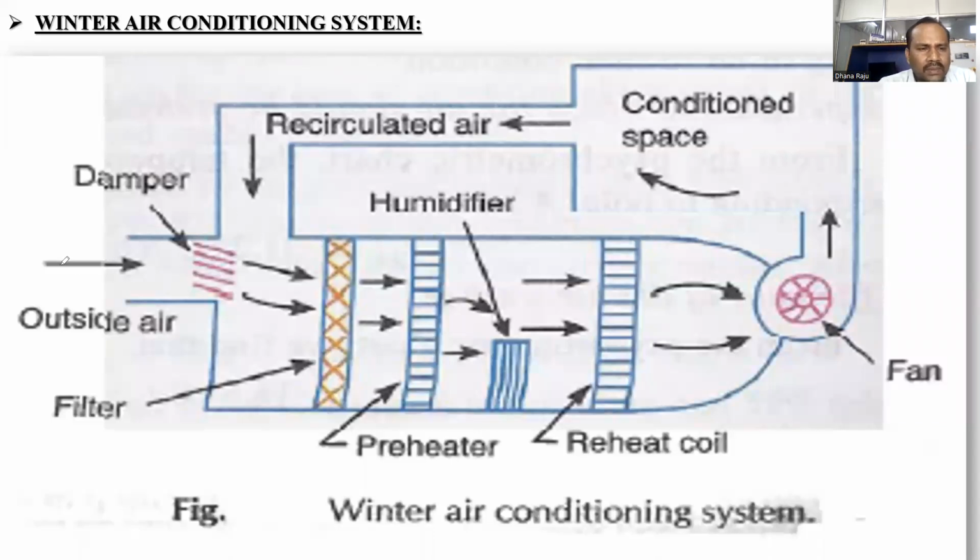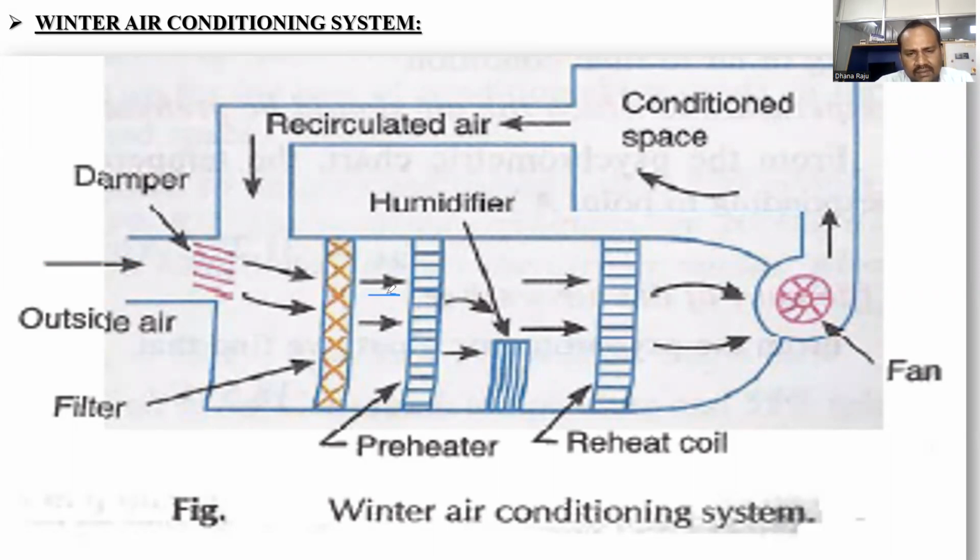So coming to the working, outside air is entering through this passage through the damper. I already explained the function of the damper. The damper is a device used to remove the dust, dirt, and soot particles so that clean air passes to the filter. The function of the filter is to remove the very tiny dust particles along with harmful bacteria so that the air gets clean.